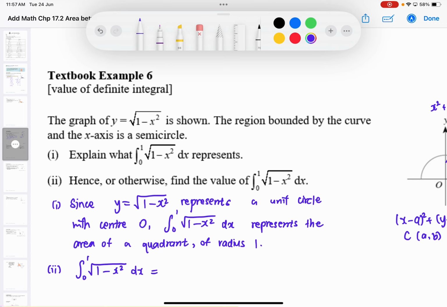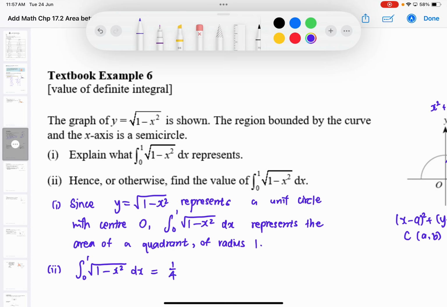So where do you get the pi from? The full circle is given by pi r squared, right? The area of a circle is pi r squared. In this case, r is 1, so the area of the circle will be pi. If I'm finding the quadrant, that will be pi over 4. Understand, right?